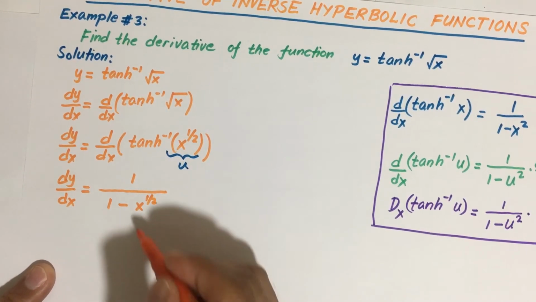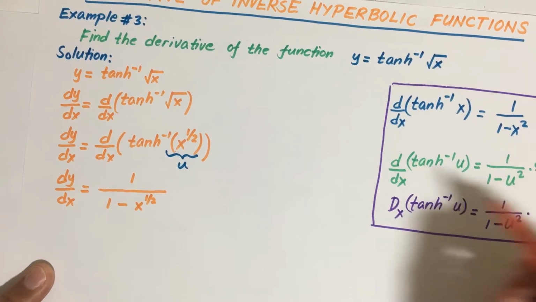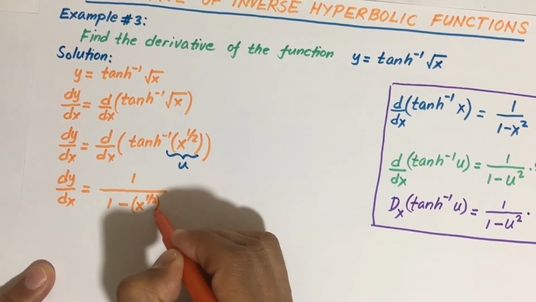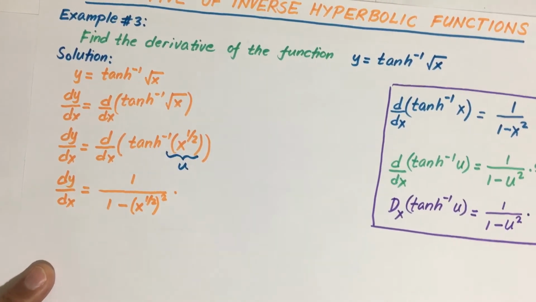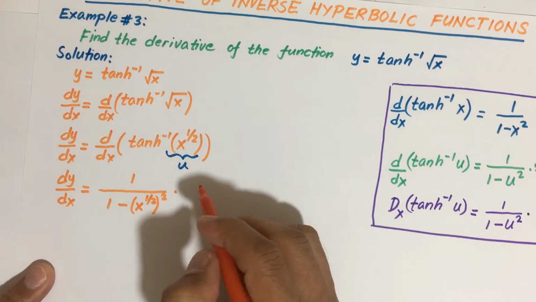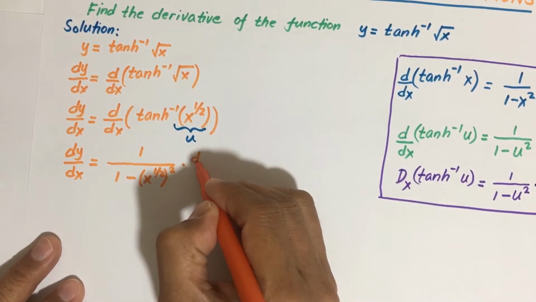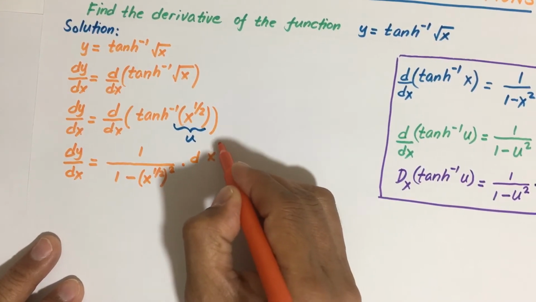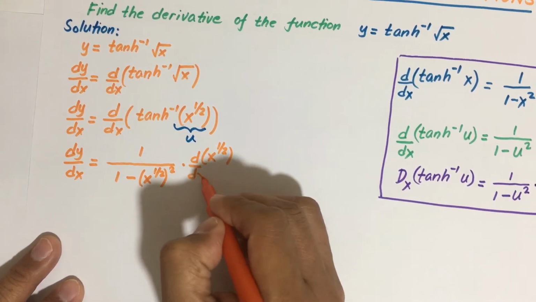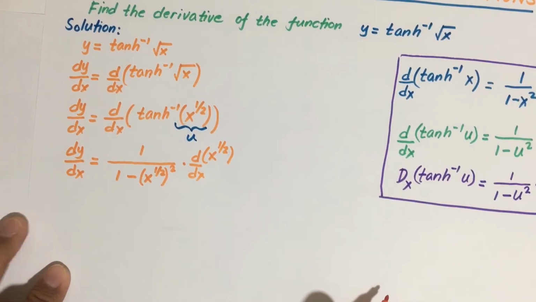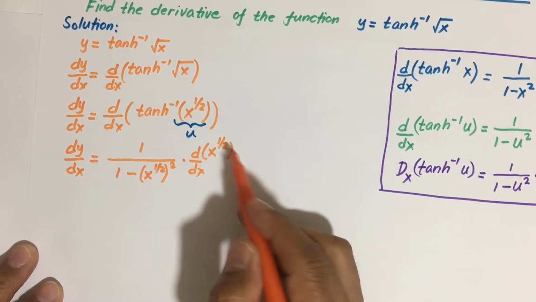And this part here, u, from the formula will be u squared. So we have to square this part, then times the derivative of u, so we'll apply the chain rule here now. The derivative of u, our u is x to the power 1/2, so the derivative of this with respect to x, we will use the power rule here.